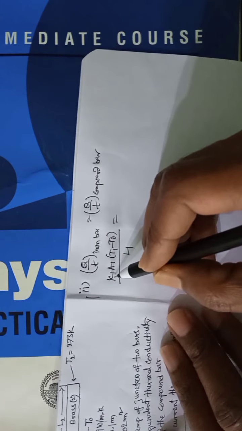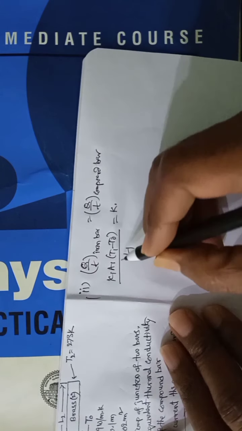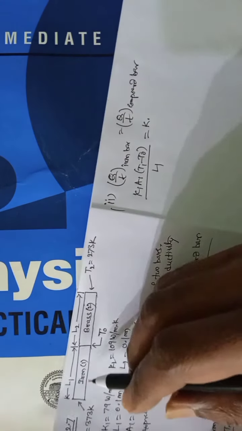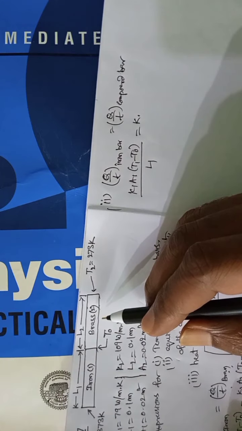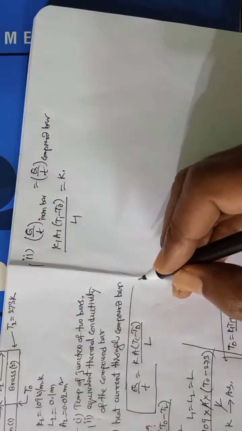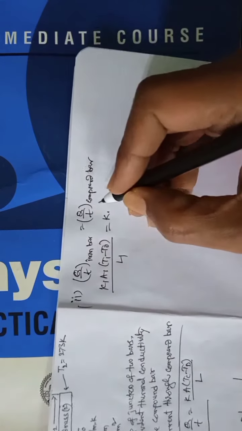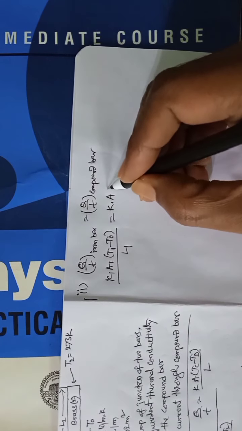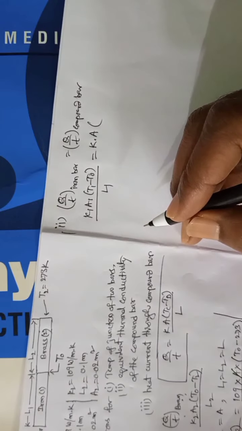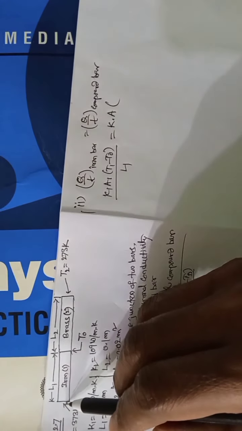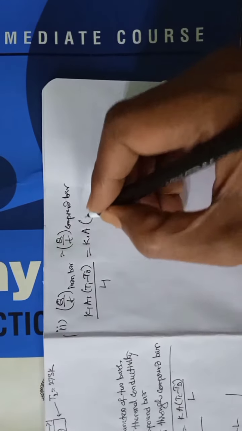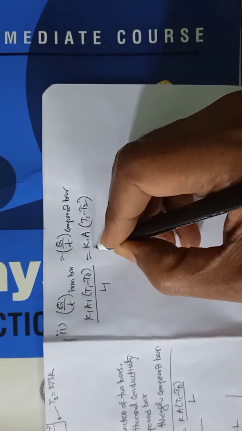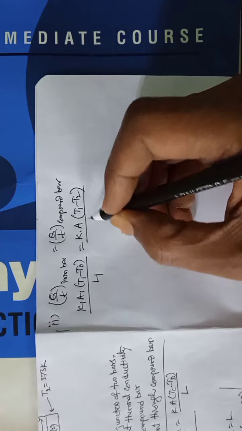in place of K1 I should write K, and in place of A1, the area of cross section for iron and brass is the same, therefore for the compound bar also the same, so we write A, into the temperature difference, here 373 and here 273, T1 minus T2, divided by length.